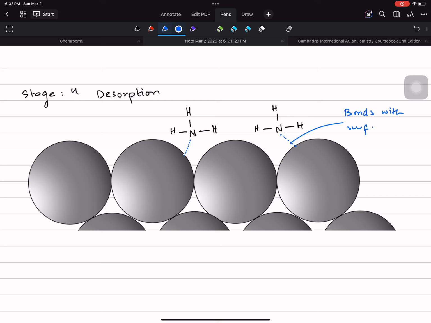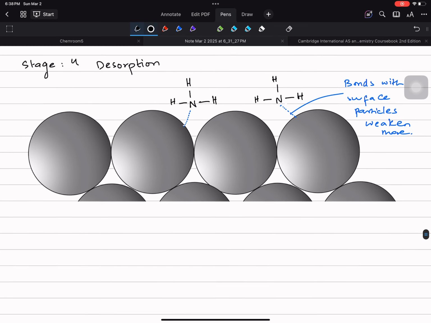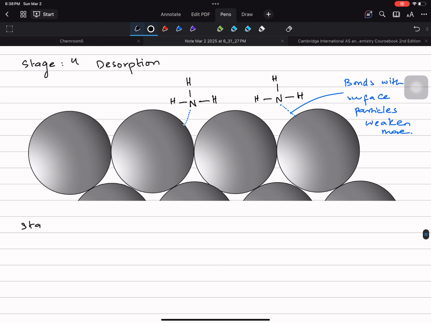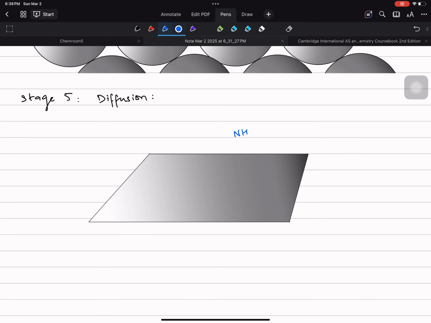So the bonds with the surface particles weaken more, and now they will just break down. Once these bonds break down, the ammonia molecules are not bonded to the surface particles anymore, and then stage 5 happens, which is called diffusion again. The ammonia molecules that have recently been formed will diffuse away from the catalyst solid surface. That's basic.